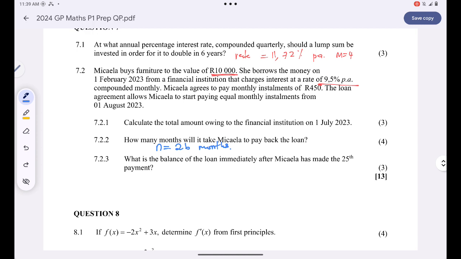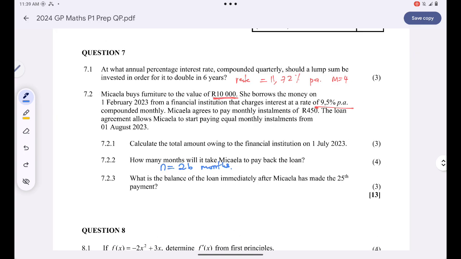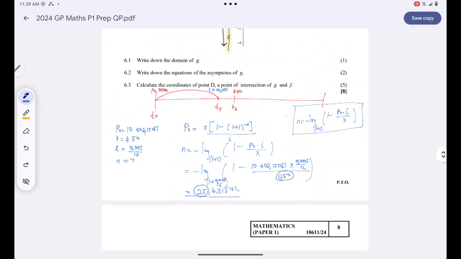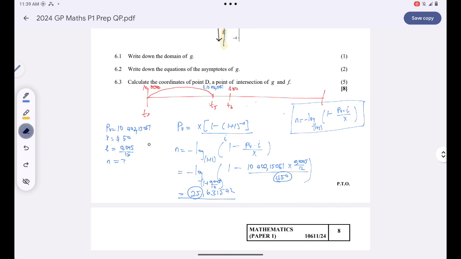And then for 7.2.3, they want us to calculate the balance of the loan immediately after Michaela has paid the 25th payment. The outstanding loan balance. I want to find the outstanding loan balance.